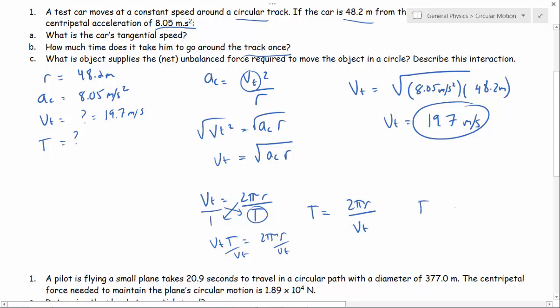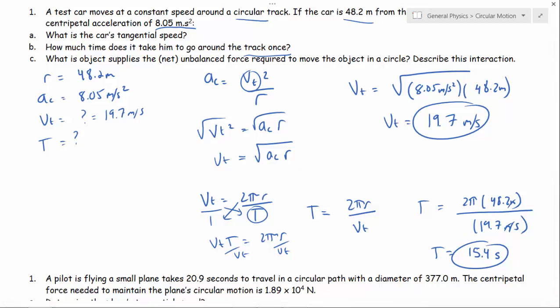To solve for t, we plug in the known values: 48.2 meters for the radius and 19.7 meters per second for the tangential speed. Meters on top, meters on bottom, seconds get flipped to the top. Our unit is going to be seconds, and we get 15.4 seconds for the period, or t. Now we know how long it takes to go around once.